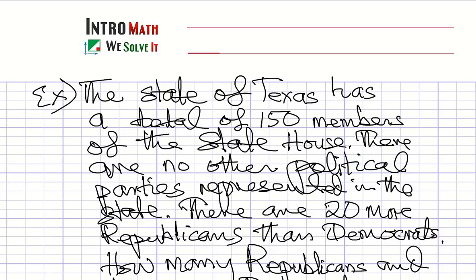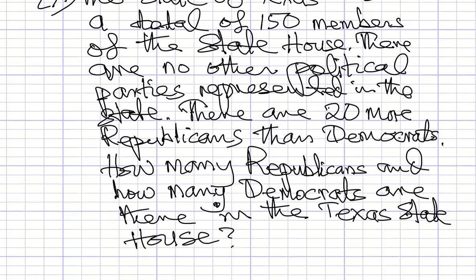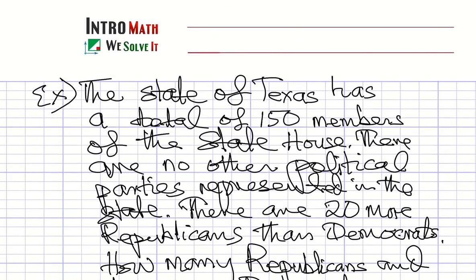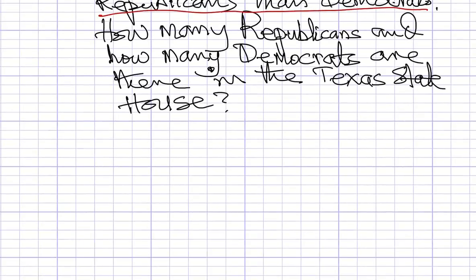So the unknown is how many. You're giving the total, and then you want to know how many of this and how many of that were there. It's almost the same thing we did before. So what we're gonna do, since they said there are 20 more Republicans than Democrats, right? We'll take our cue from there.